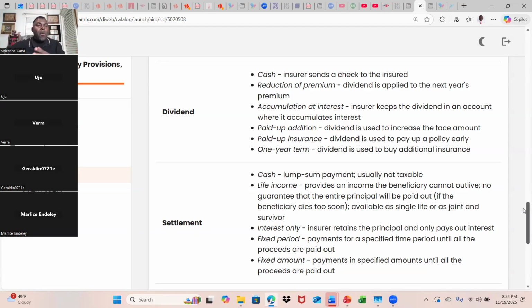Because they are owners, the holders of these policies are paid what we call dividends. Dividends are usually described as the return of unused premiums. What does that mean?